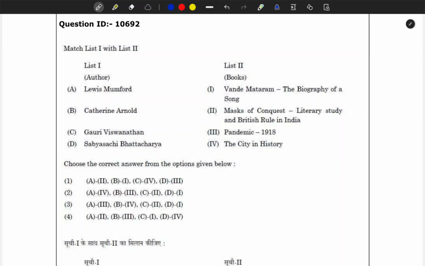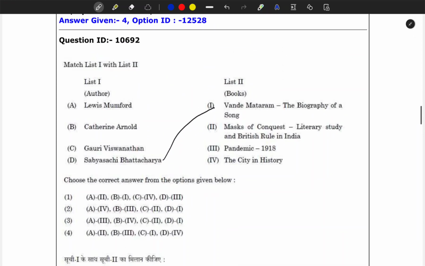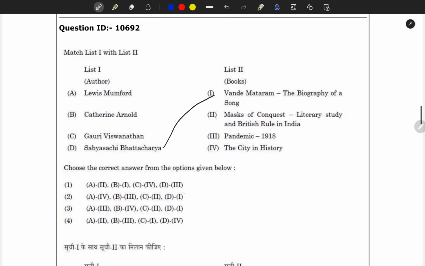If you see, the only thing I know about here is Sabyasachi Bhattacharya's Vande Mataram. Okay, let's see. Yeah, here there are two options.